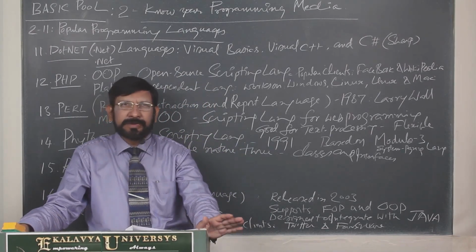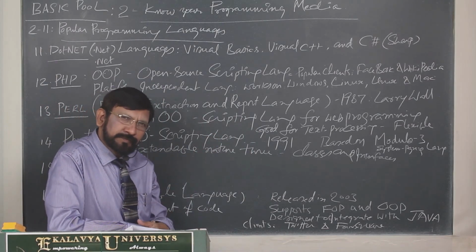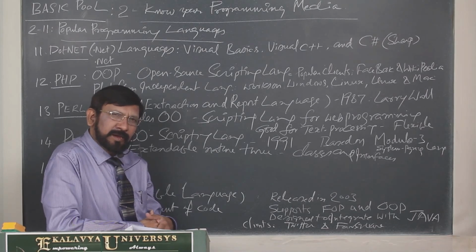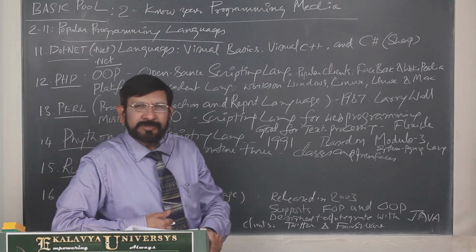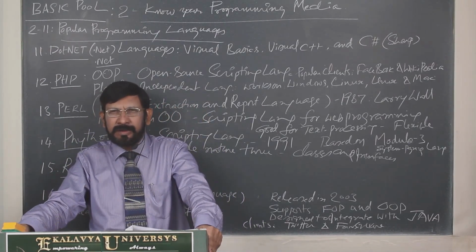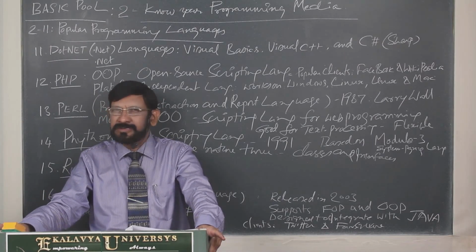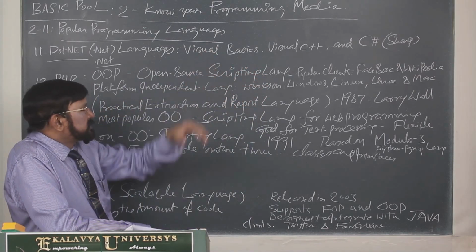So you must remember the three primary languages for the .NET platform: VB, VC++, and C Sharp, and totally 35 languages are earmarked as .NET languages in 2016. This list may be increased. So that much knowledge you must have on this.